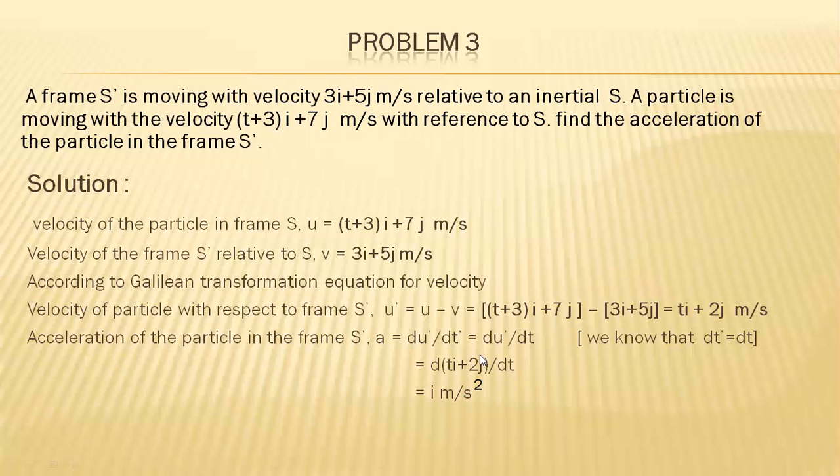Here y' = y and z' = z. According to the Galilean transformation equation, the particle is moving along the x-axis, and this is the only variable. That's why the differentiation of ti + 2j with respect to time is i meter per second square.